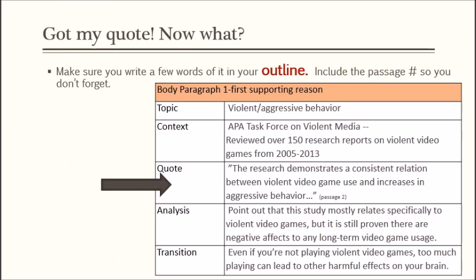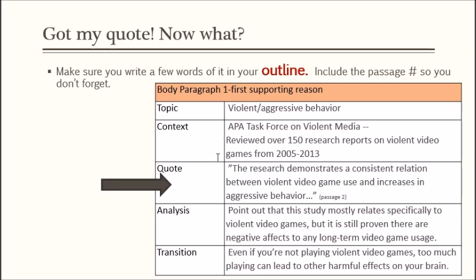All right, once you have your quote, what do you do at that point? Well, all this context means is, where did that information come from? In this outline, there happens to be a lot of information. It came from an article. It talks about the title of the article. Wherever your research came from is fine.